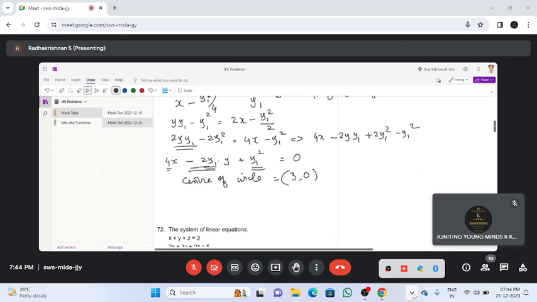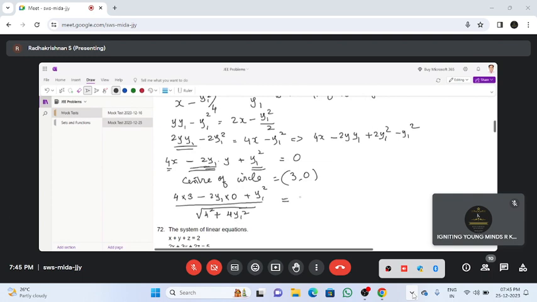Instead of x, you put the x1. So that is 4 into 3 minus 2y1 into 0 plus y1 square, whole divided by the square root of 4 squared plus 2y1 the whole squared, 4y1 square.